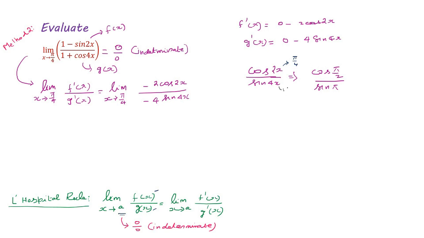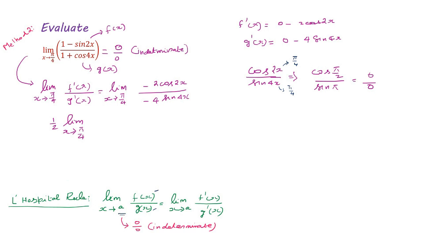This also will be pi. But cos pi by 2 is 0, sin pi is also 0. So you get 0 by 0 even after differentiating it for the first time. So now you have to differentiate once again. You can apply this L'Hospital rule repeatedly.